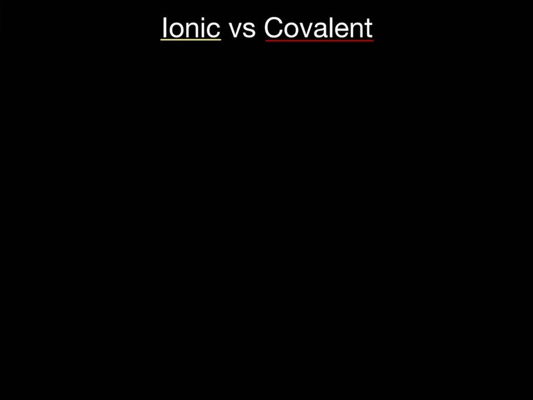Now, what about covalent bonds? Let's take an example of a covalent bond. Let's say we have a hydrogen atom with 1 valence electron, and another hydrogen atom with 1 valence electron. Each of those hydrogen atoms is going to donate 1 electron to the middle, and then a bond is going to form between the 2 hydrogens.